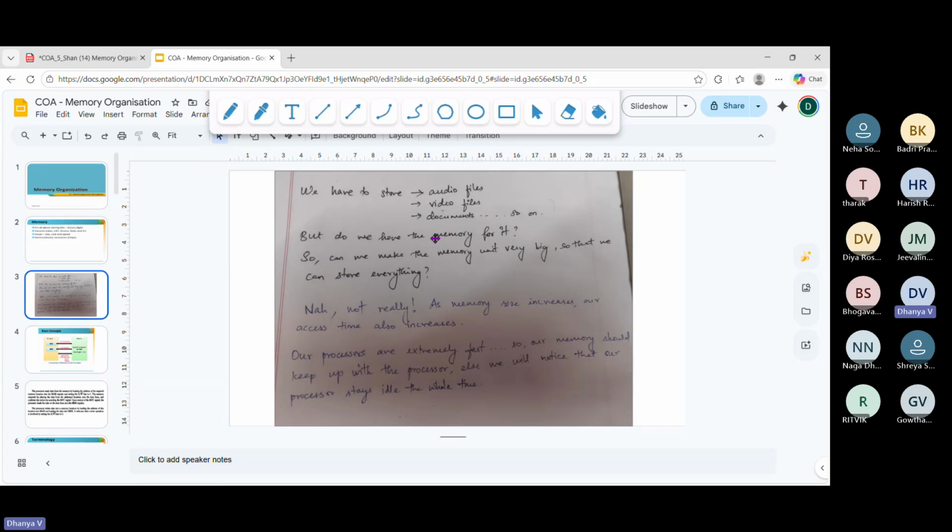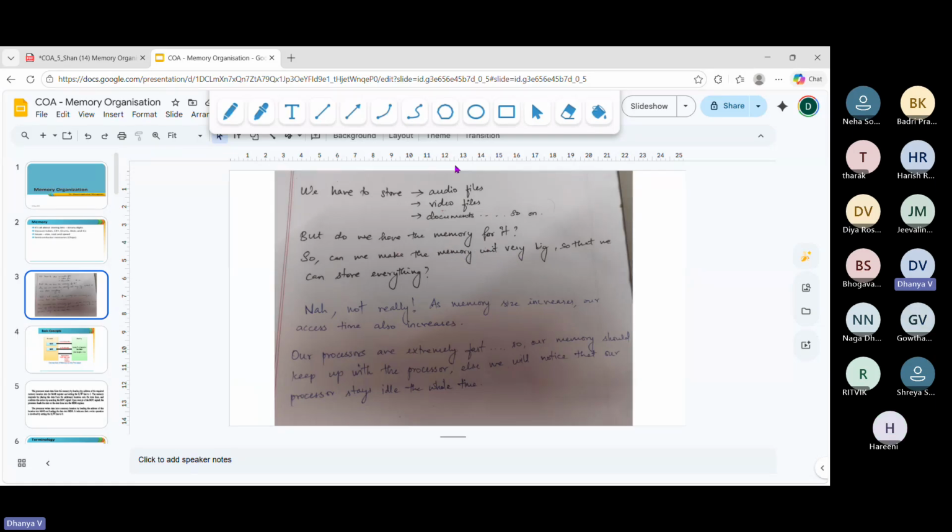Not really, right? In order to store all of this, you can try to make the memory unit very big, but that is not practically possible. We will see why. If you increase your memory size, your access time also increases.